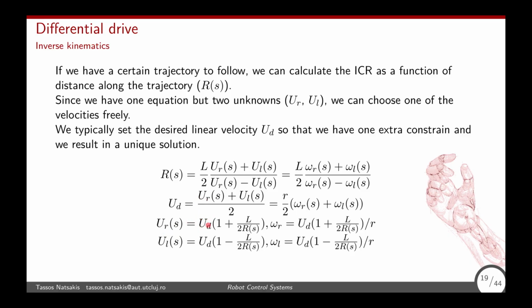As you see, now it's a function of the desired linear velocity and of the curvature. Or I can write this as the angular velocities of the wheels. It's nothing complicated, I just divide by the wheel radius. So that's basically inverse kinematics for a differential drive.